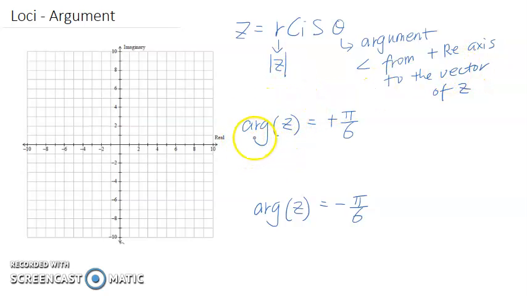This one says the argument of the complex number z is pi on 6. So pi on 6 is the same as 30 degrees. We start from the positive real axis and turn anti-clockwise, which is the default direction for the argument.